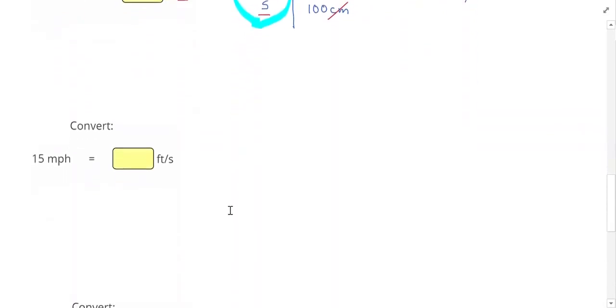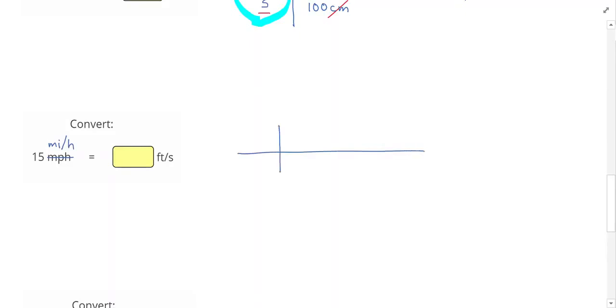The next problem asks me to convert 15 miles per hour into feet per second. The first thing I want to do in this problem is whenever I see this unit miles per hour, I'm going to cross it out and change that to mi/h, which is a better way to write it. So I'm going to set up my train tracks again, and my given is now 15 mi over h.